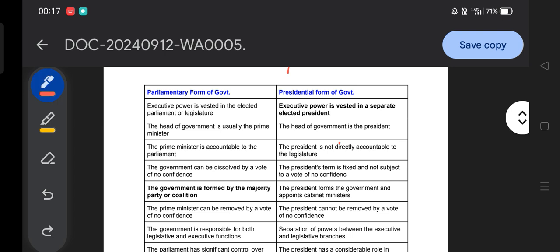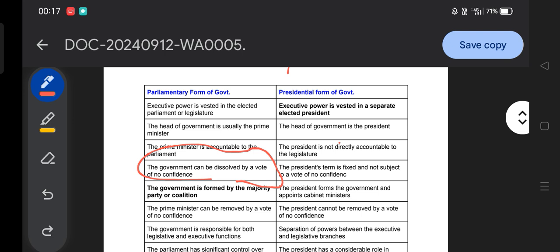Then the government can be dissolved by a vote of no confidence. What is the vote of no confidence? It is a mechanism which removes the government or dismisses the government from its office.